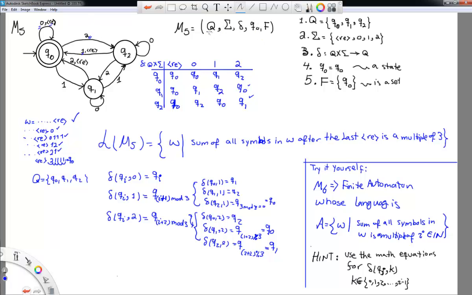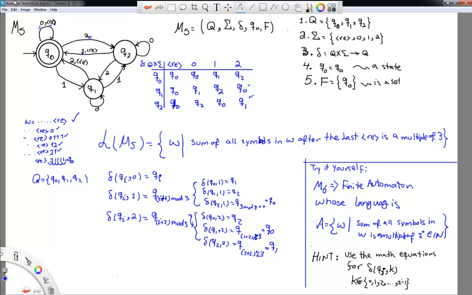The automaton should be a 5-tuple: Q, sigma, delta, Q sub 0, and F. Q is its finite set of states. Sigma is its finite alphabet. Delta is its transition function, which we'll define. Q sub 0 is its start state, and F is its set of accept states.